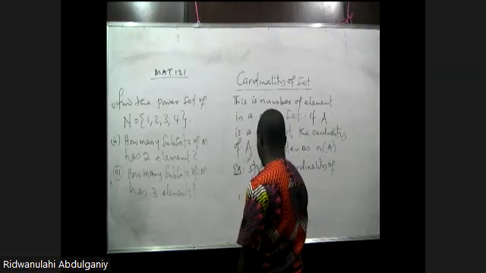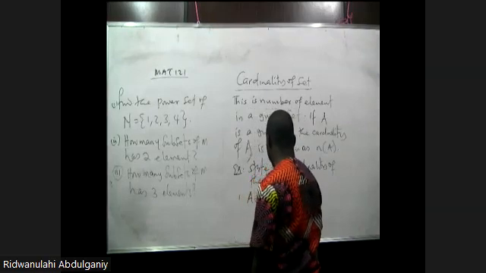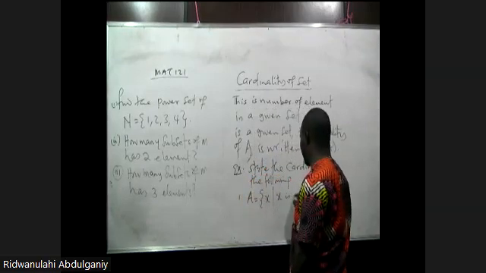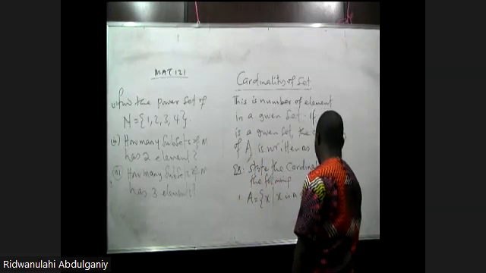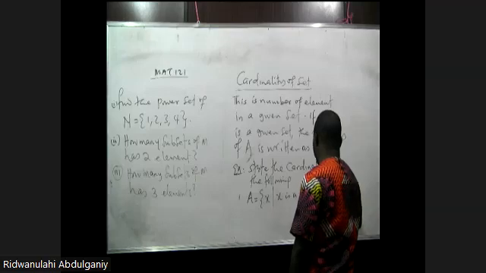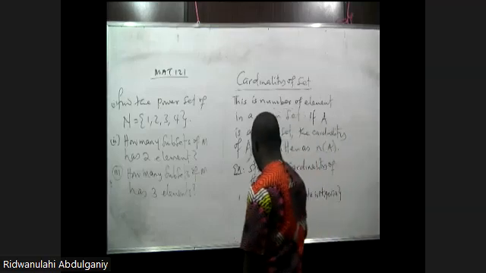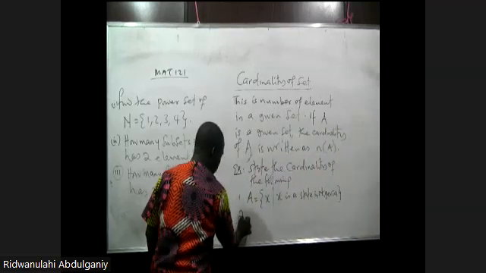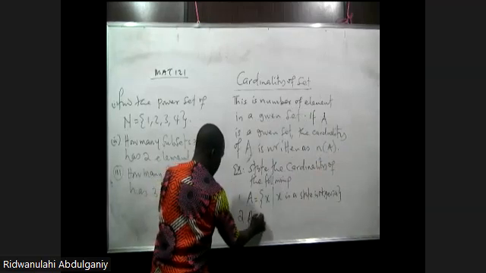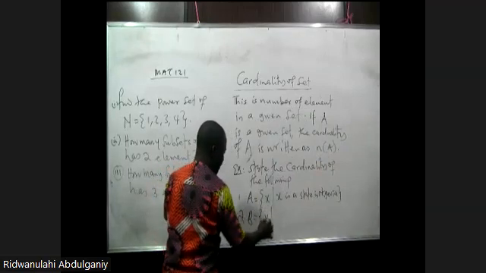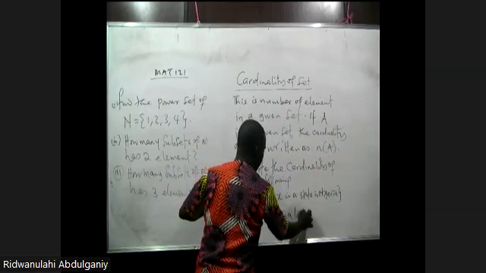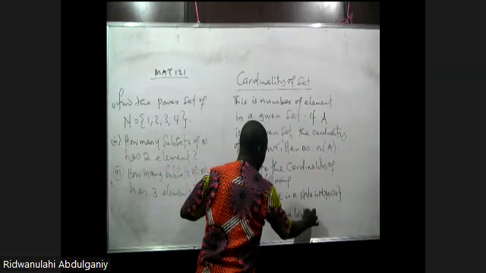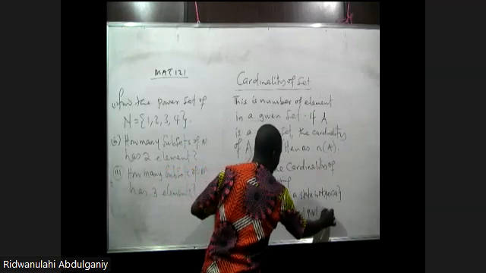Number 1, A equals X such that X is a state in Nigeria. Let me use Nigeria as an example. What's the cardinality of A? Number 2, B equals X such that X is a local government in Nigeria.